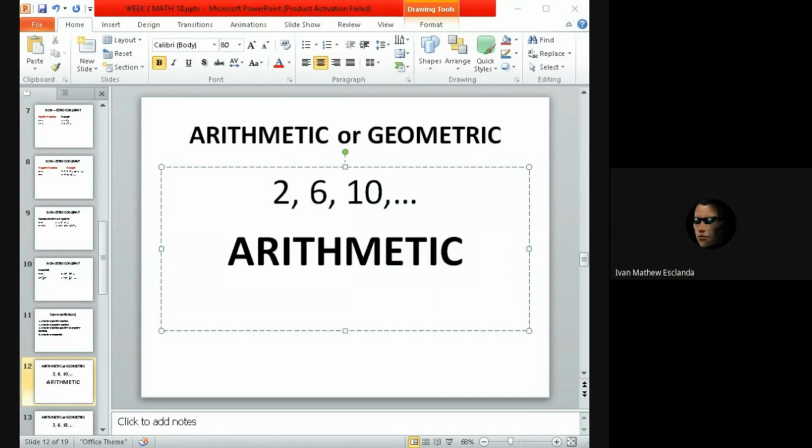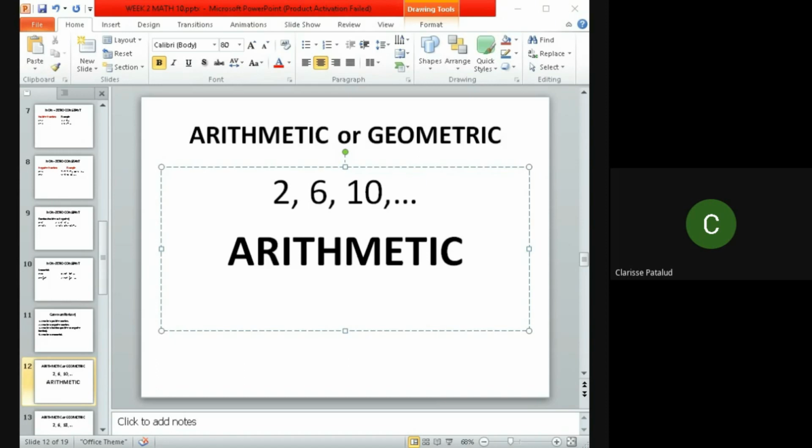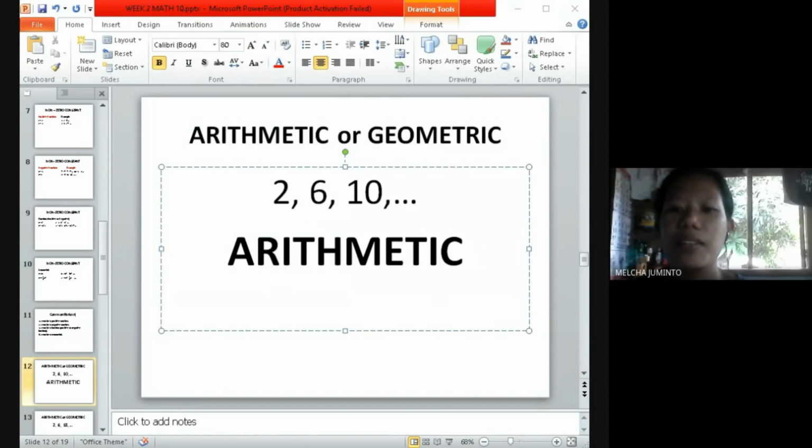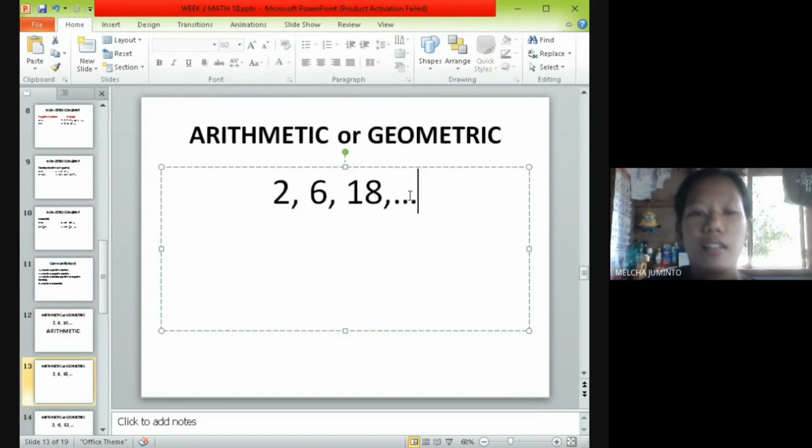Si Clarice. Sige, Clarice. Nag-a-add po, ma'am, ng 4. Okay, very good. Because there is a constant number being added repeatedly from one term to the next and that number is positive 4. Correct? Kaya siya arithmetic.